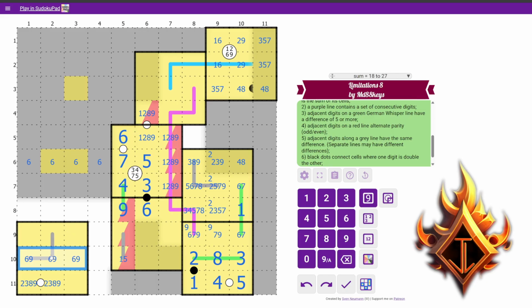One of them has to go here. But that gives me this. Oh my gosh, what? I knew it'd be the last place I look. So that is a 2, 3, which makes this an 8, 9.